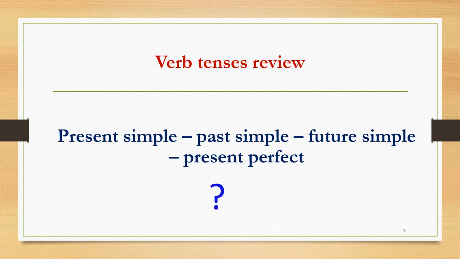We arrive now at the second part of this video, where we will be reviewing the present simple, the past simple, the future simple, and the present perfect. So we will look at some multiple choice questions and we will discuss them.